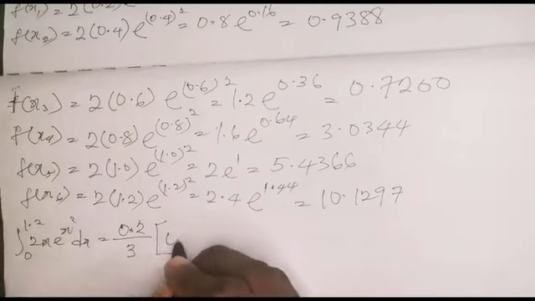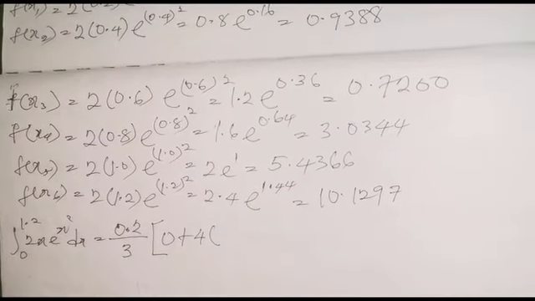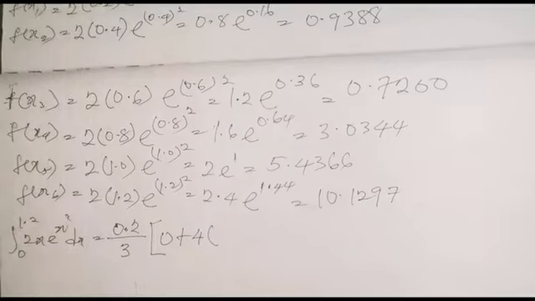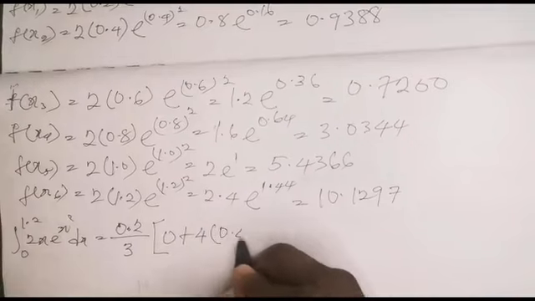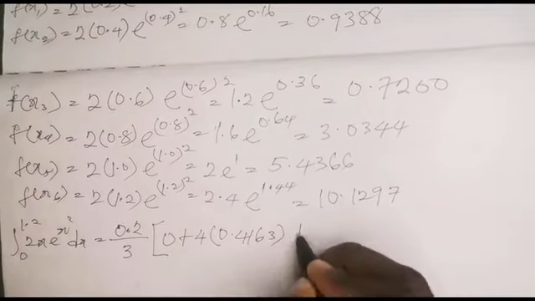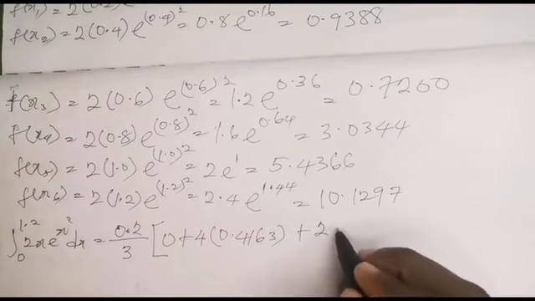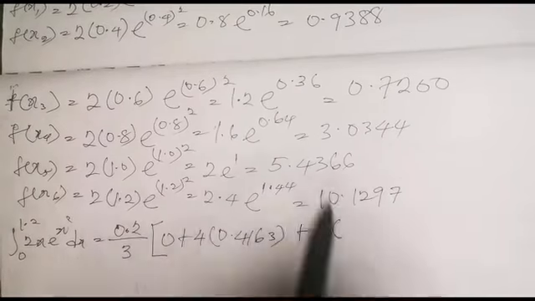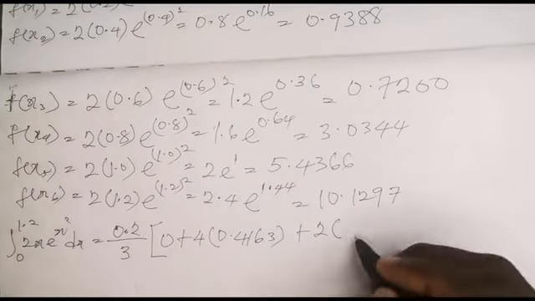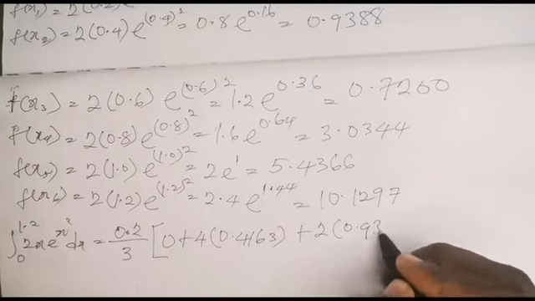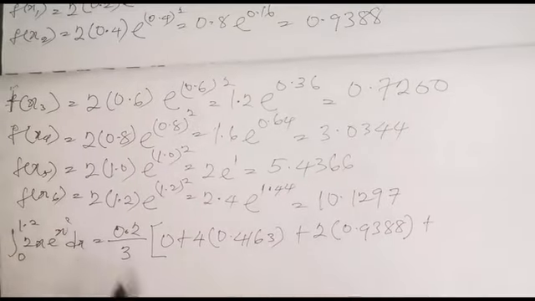The result gave us 0 plus 4 times f of x1, and we obtained f of x1 earlier as 0.4163. So you have times 0.4163 plus 2 f of x2. So now we multiply by 2, and f of x2, we obtained earlier to be 0.9388. So plus 2 times 0.9388 plus, now we multiply by 4.